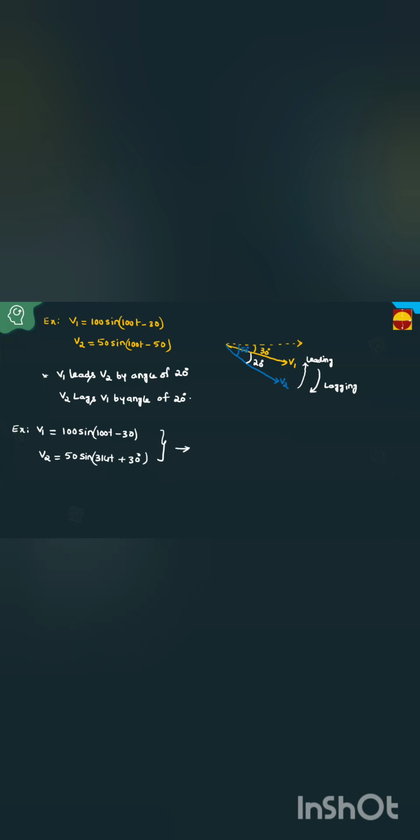Come on. Students, just by seeing this, this frequency is 100, this frequency is 314. The frequencies are unequal, that's why they are not comparable. Frequencies are different, so these are not comparable.